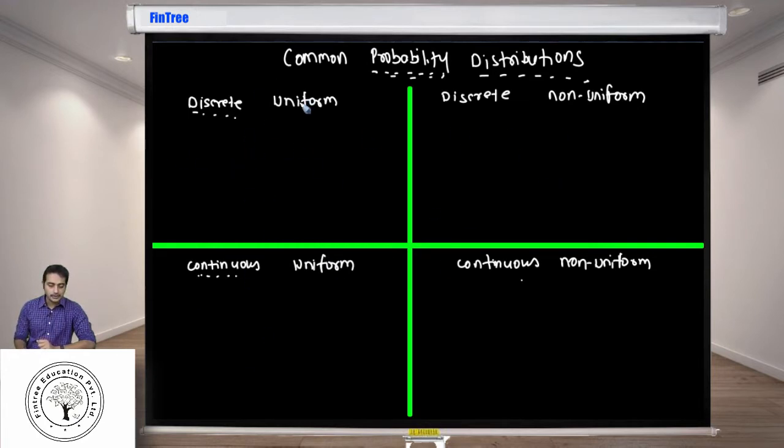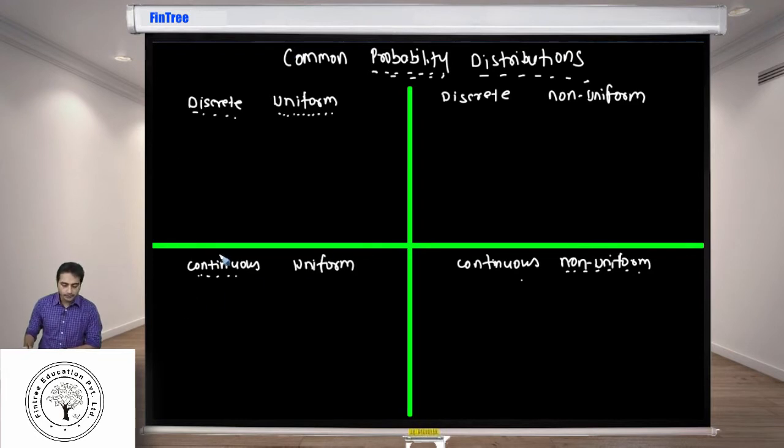So that's how we have discrete data versus continuous data in the distribution at the top or bottom. Uniform means probability of every outcome is the same. Uniform simply means same. In the example that we did, throwing of dice, probability of every outcome was 1 by 6. Are you following this? But at times the probability of outcome would not be the same, then those data sets would be referred to as non-uniform. So discrete uniform, discrete non-uniform, continuous uniform, continuous non-uniform.